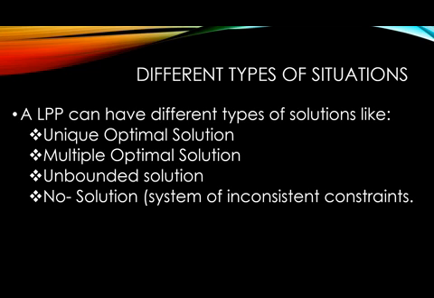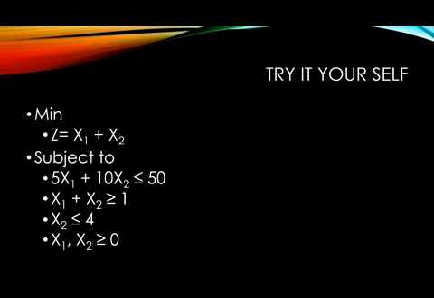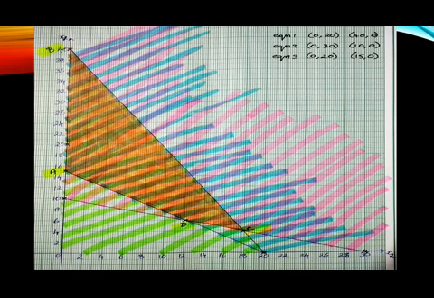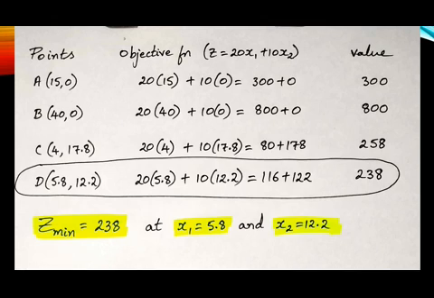Multiple optimal solution. How does this look? Let me come back to the previous example here. Let me say I had a point D at some coordinate and a point C at some coordinate, and when you substitute them, I got 238 here and 238 here also.